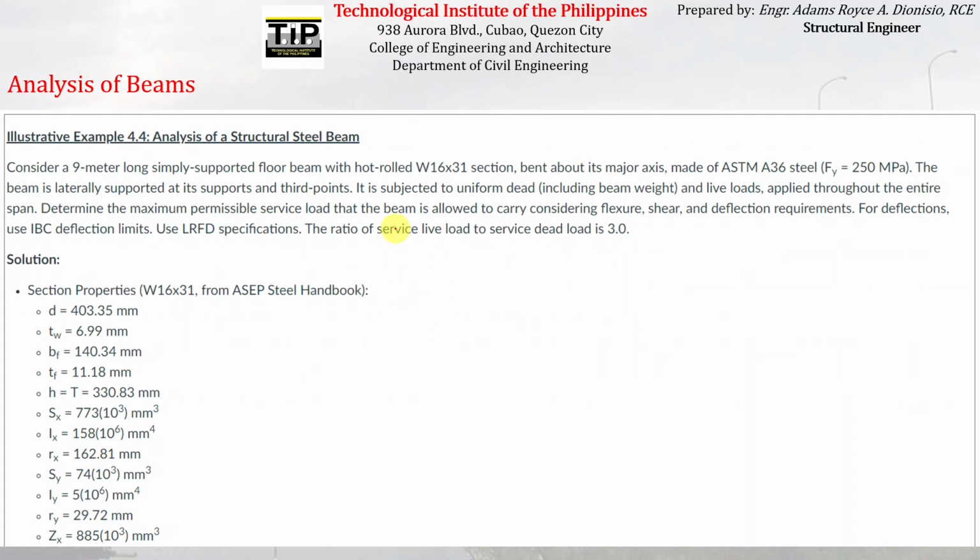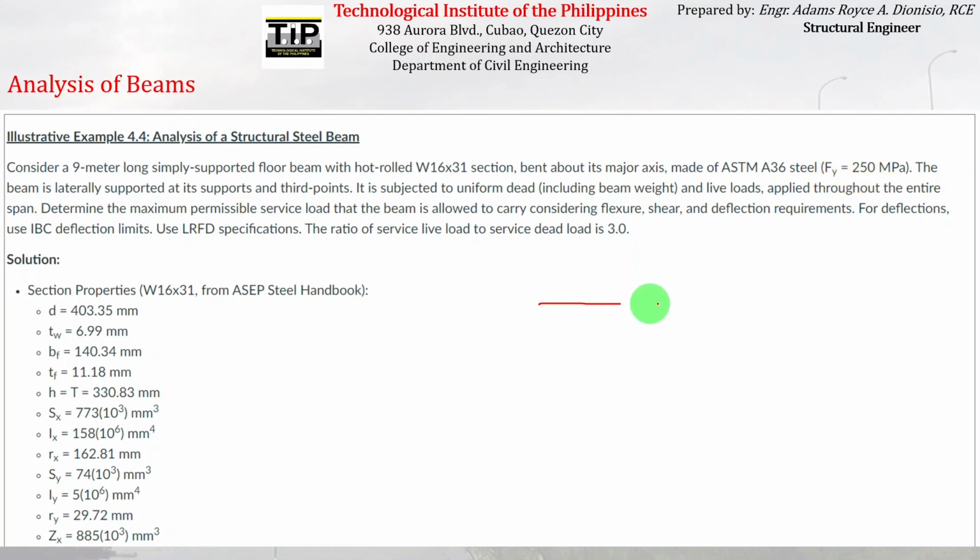So to better understand how to analyze a structural steel beam, let us try to answer this sample problem. Consider a 9-meter long, simply supported floor beam with a hot rolled W16 by 31 section bent about its major axis, made of ASTM A36 steel, which has an Fy equal to 250 megapascal.